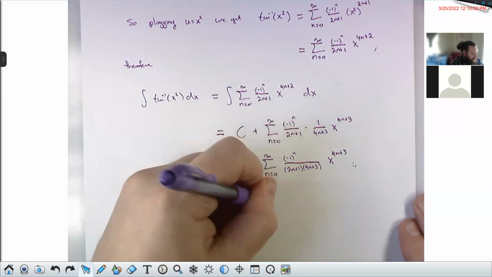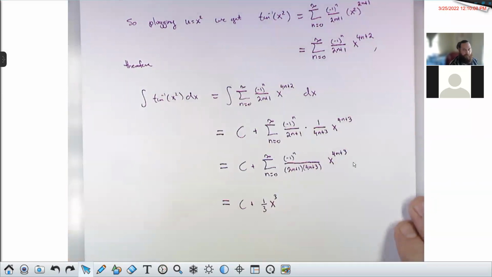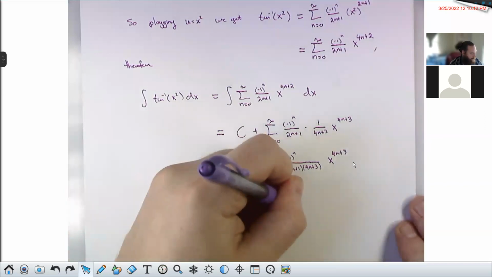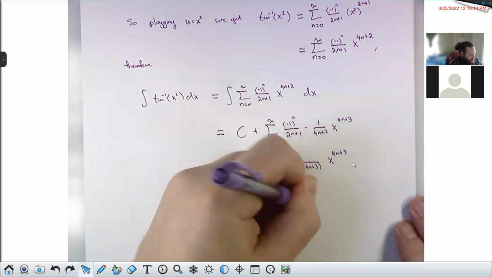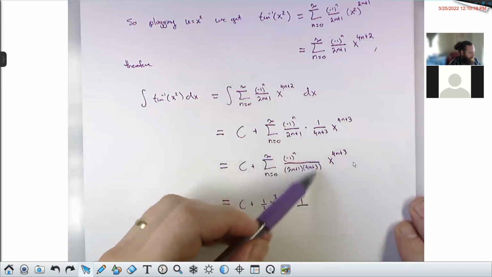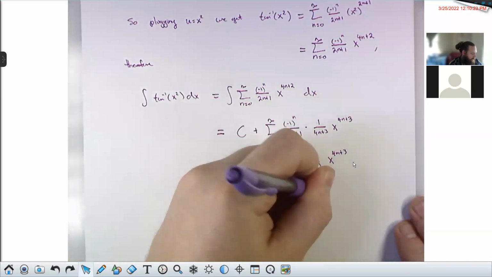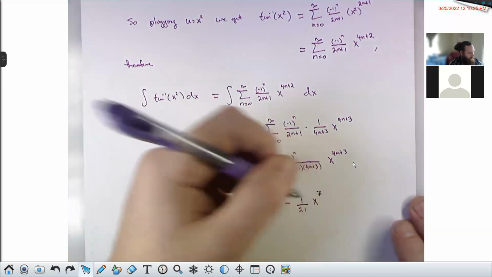So the first term here is 1/3 x cubed. When little n is equal to 1, you get minus 1 over, let's see, this would be 3 times 7, 21, and then x to the 4 plus 3 is 7.